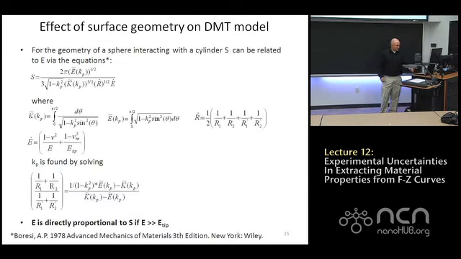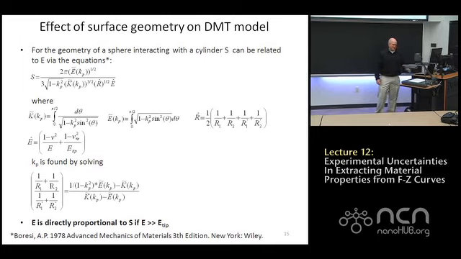If you think back to the Regius slide, we had that constant S, which was surface geometry and material properties. That turns out to be related by the first equation here, where E tilde and K tilde are the elliptic integrals, which are simply a function of this parameter Kp. Kp you have to solve for using this equation.